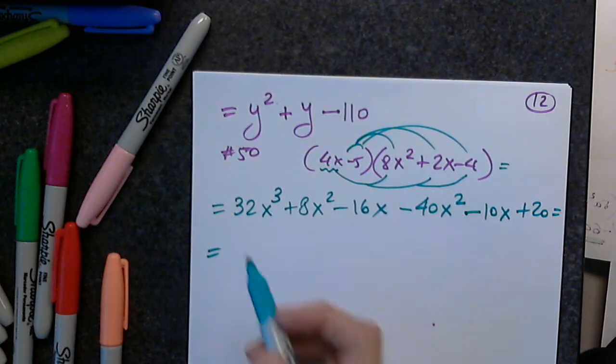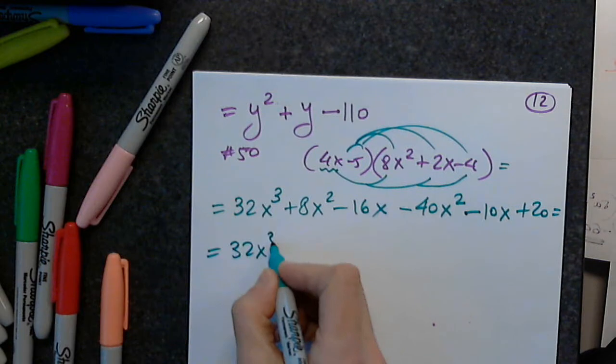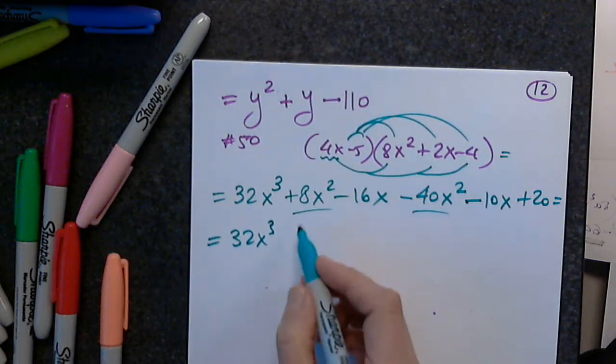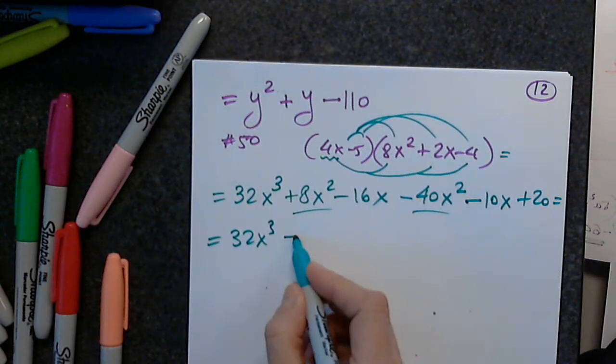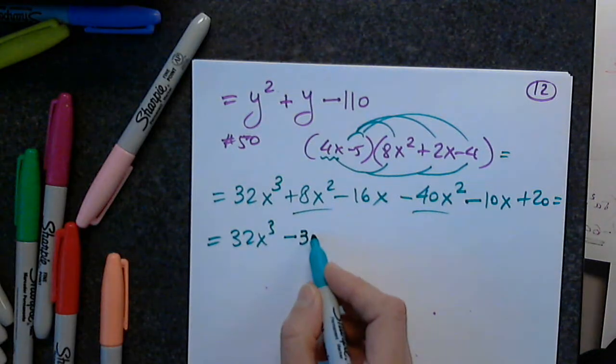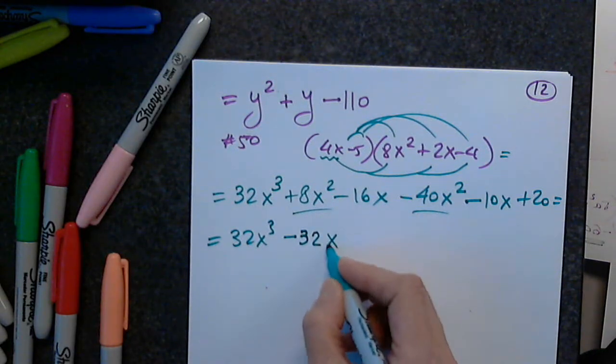Good. So I have only one term with x to the third. In descending order, the next in line is power 2. And 8 minus 40 is negative 32, very good, x squared.